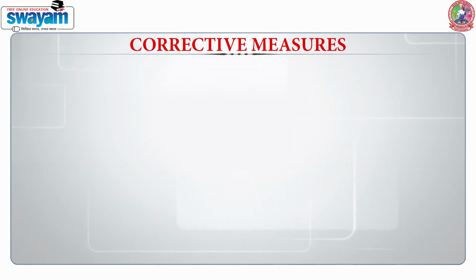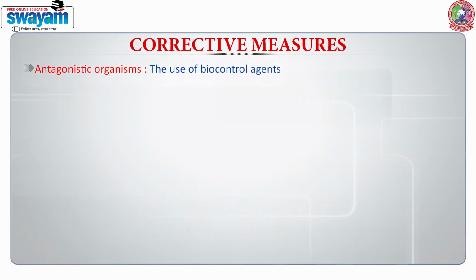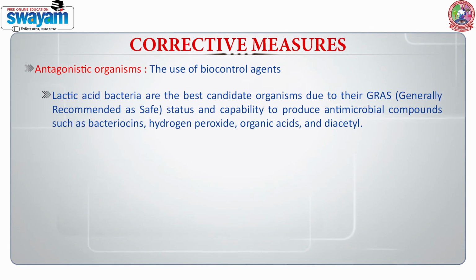Another approach is to use antagonistic microorganisms which are broadly called biocontrol agents. One example is lactic acid bacteria, because these organisms are GRAS, generally recognized as safe, and they produce certain antimicrobial compounds like bacteriocins, hydrogen peroxide, organic acids and diacetyl.